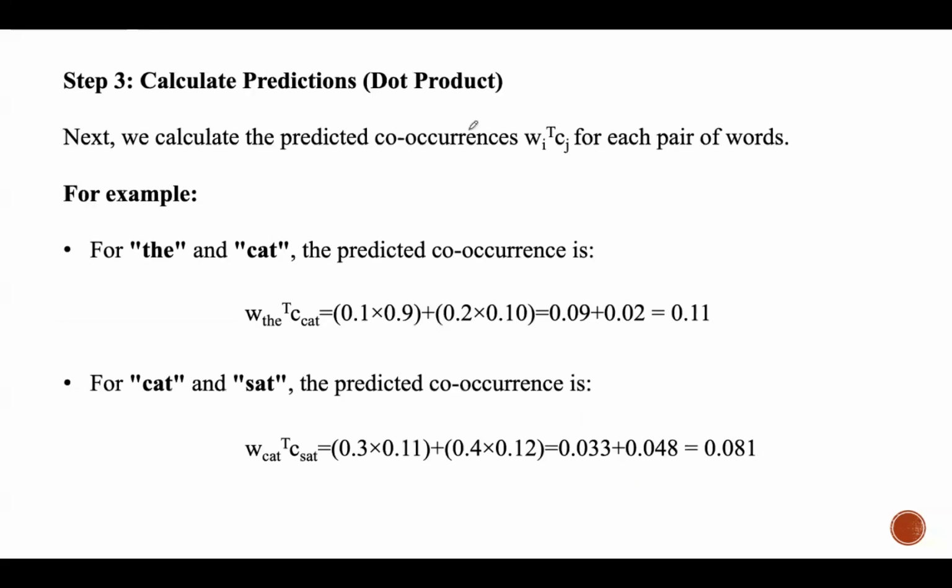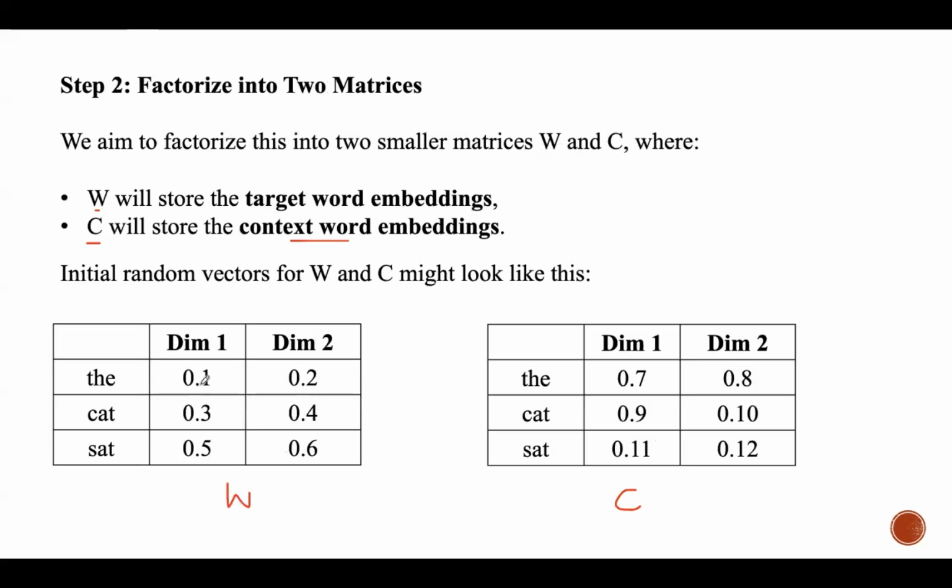Now we need to calculate the predictions, that is the dot product. The dot product can be represented like this. First we need to find out the co-occurrence of words the and cat. So let us take the dot product for the words the and cat in the two matrices W and C. Here, the in the first matrix and cat in the second matrix.